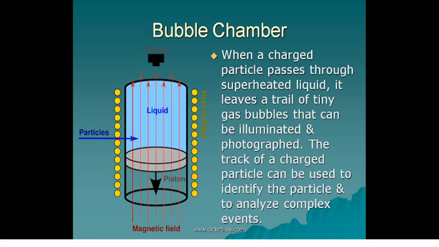Here in the bubble chamber, vaporization occurs on the ions, forming bubbles. So that is the principle of the bubble chamber. When a charged particle passes through superheated liquid, it leaves a trail of tiny gas bubbles that can be illuminated and photographed. The track of the charged particle can be used to identify the particle and to analyze complex events.